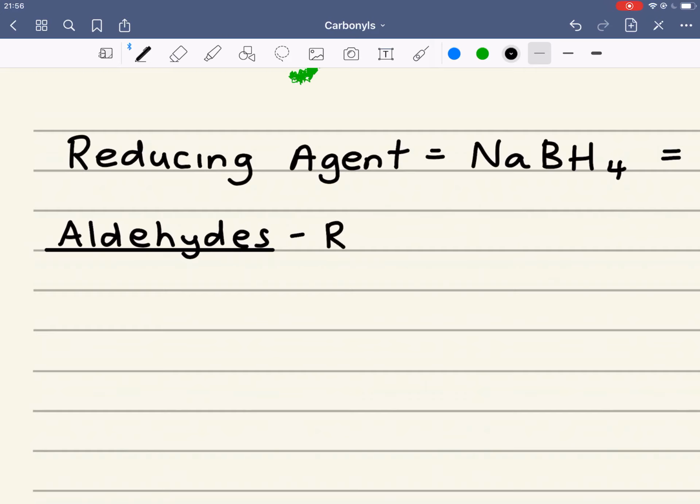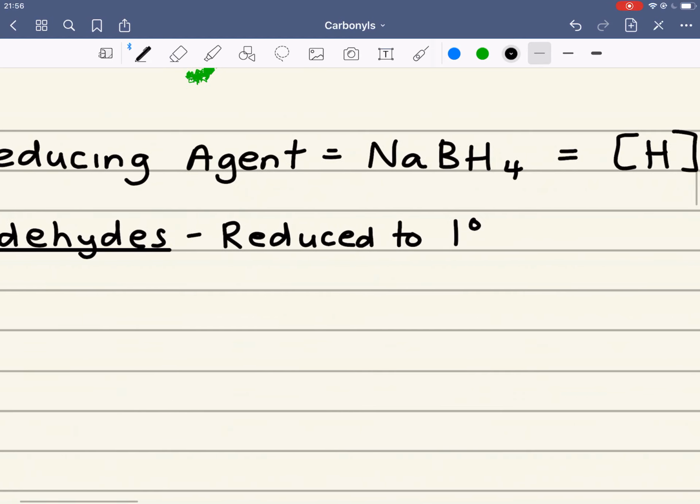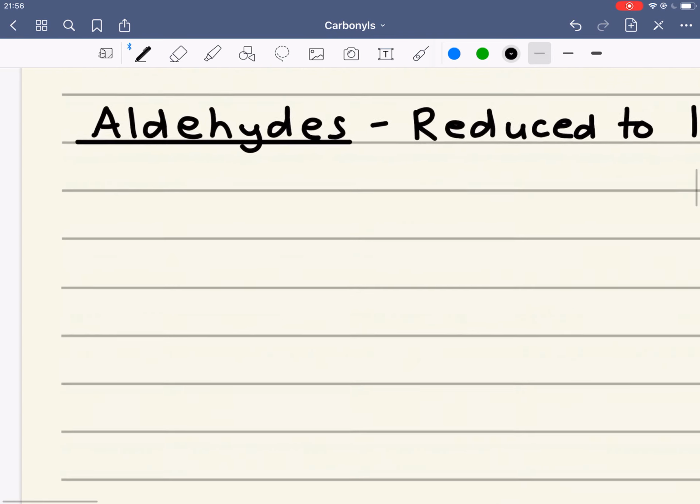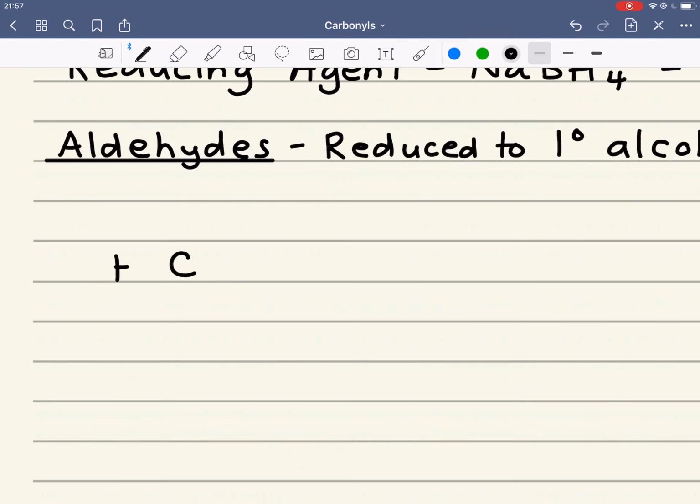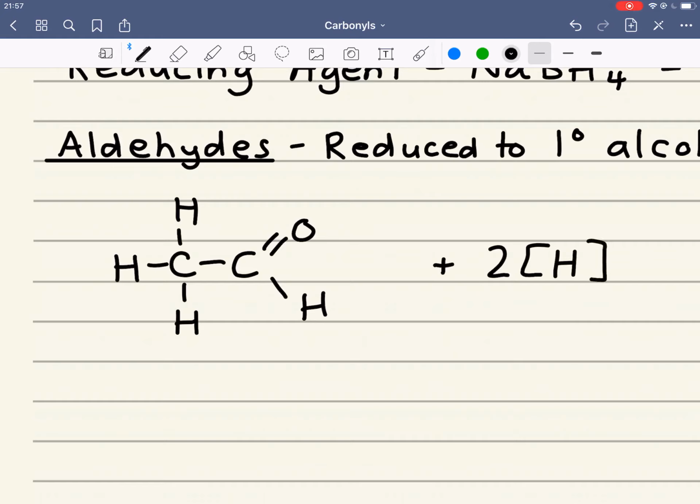And they are reduced to primary alcohols. I'm going to have a look at the reduction of, we'll look at, ethanal. Now, we actually need two H in square brackets here, because we're going to add one hydrogen here to this oxygen and the other hydrogen to the carbon bonded to the oxygen.